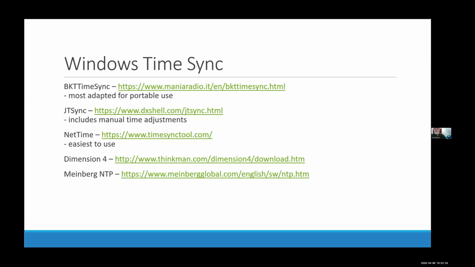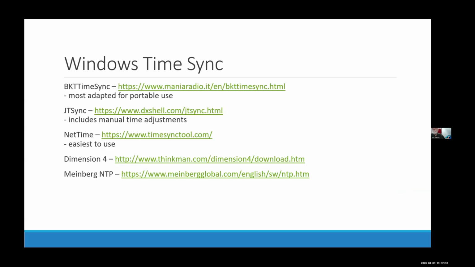So you need to install an NTP client on your computer. And I've listed the 5 most common ones. The first two have features for amateur radio, including operating portable when you don't have an internet connection.